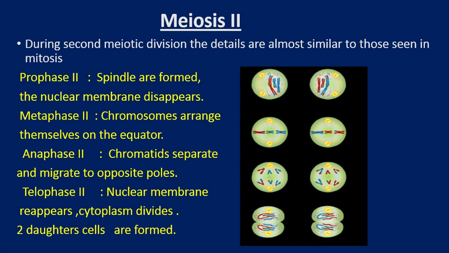Then metaphase: chromosomes arrange themselves on the equator, you can see here. Then anaphase 2: chromatids separate, here you can see chromatids separate. And then telophase 2: nuclear membrane reappears, cytoplasm divides, and two daughter cells are formed.